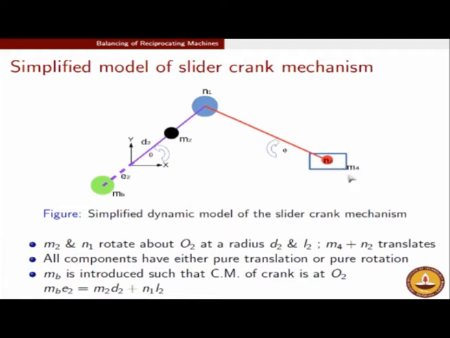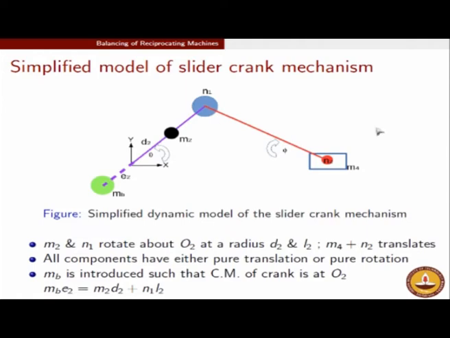Total inertia force is minus M4 x double dot minus N2 x double dot, or in other words the total reciprocating mass is M4 plus N2 and the acceleration of both these reciprocating masses is x double dot. So the total reciprocating mass times the acceleration with the negative sign is the total inertia force, and we have already seen the total inertia force is equal to the total shaking force that the frame feels. But now please appreciate the power of this simplified analysis.